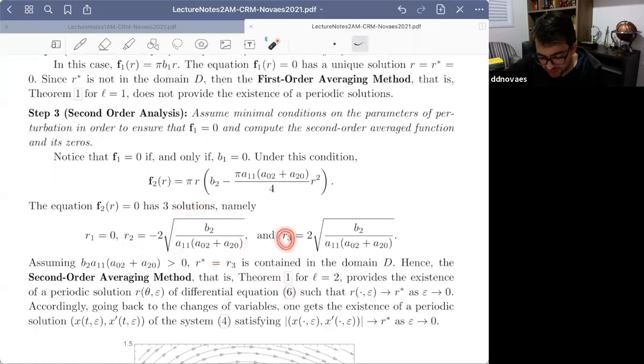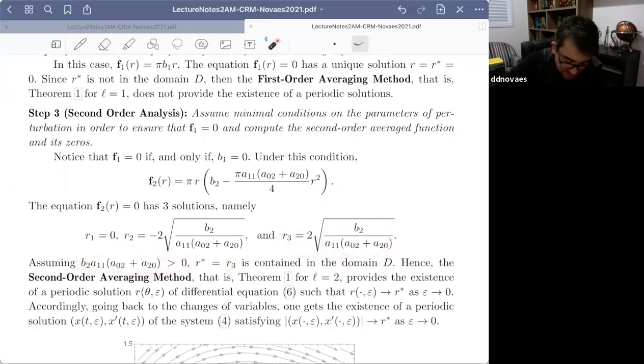And R3 equals 2 times a square root of something, which is either positive or purely imaginary. So we can assume conditions on the parameters of perturbation. The condition is that B2 times A11 multiplied by A02 plus A20 is positive, in order that this root is positive, and then it can be contained in our domain. We can adjust the domain in order to contain this root.